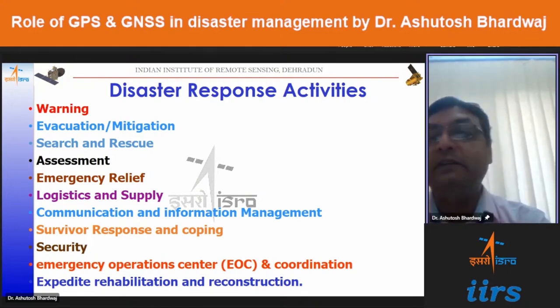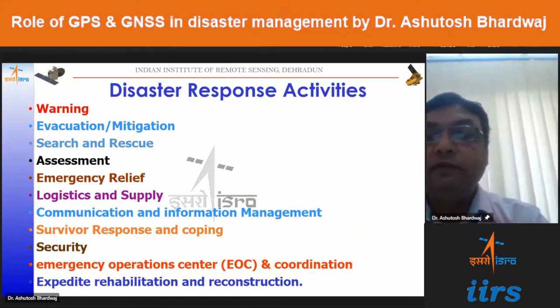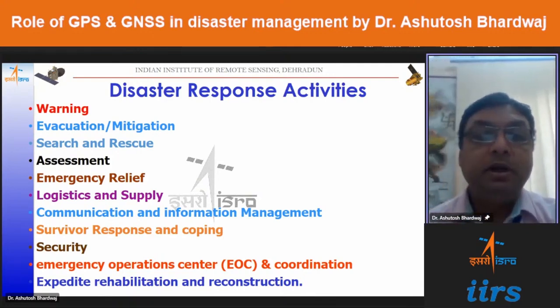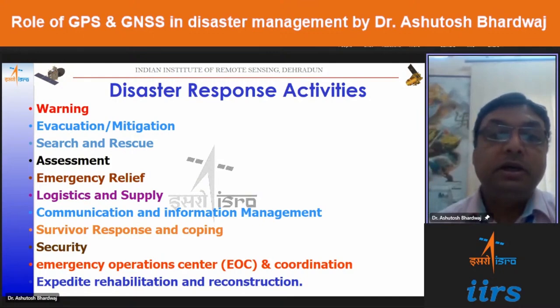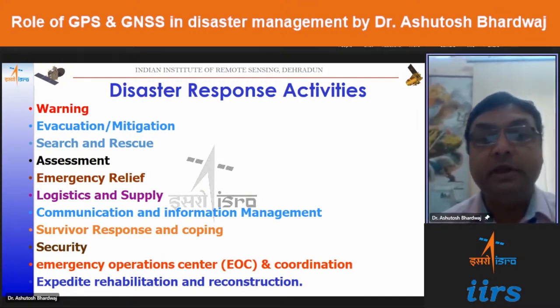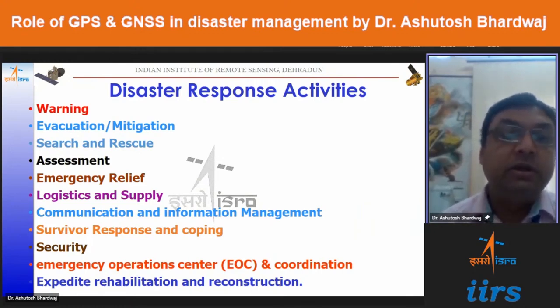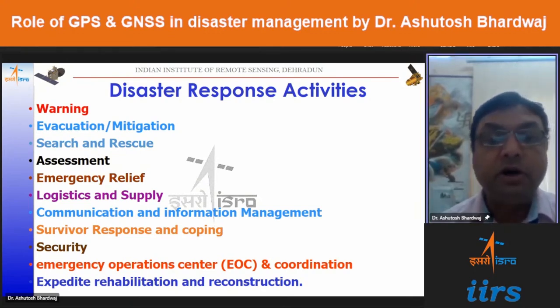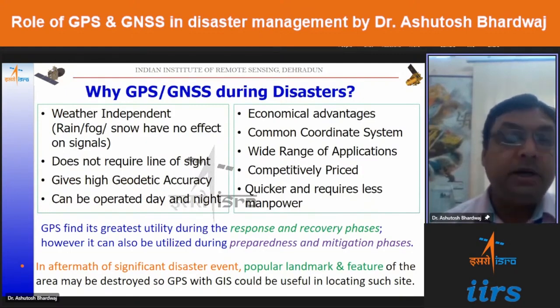And if you look closely at all these activities, we will understand that we very surely need the location of the disaster where it has happened, the locations of the rescue teams like the NDMA and SDMAs, state disaster management authorities, and where the closest airport, railway stations, bus stands, or other communication services are for the purpose of deployments, or the hospitals. So all those things we have to keep ready in today's environment as a parameter for preparedness.